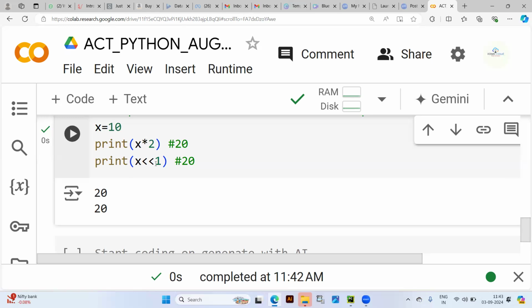X left shift 1 time is 20, right? Now we can perform 4, left shift 2 times. Same. Performing a particular value by 8, left shift 3 times is also the same.